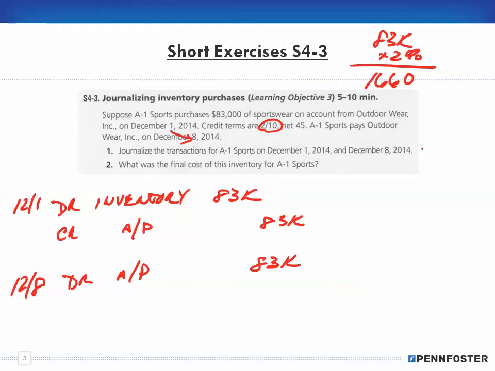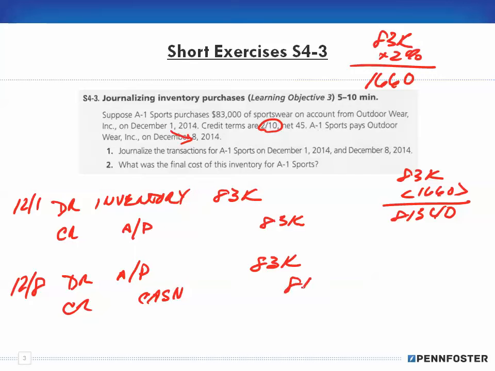And if I had 83,000 and I have a discount of 1,660, that means I'm going to pay $81,340 in cash. So I'm going to credit my cash for $81,340. Now, obviously, my debits still don't equal my credits here, so I have to credit something else.